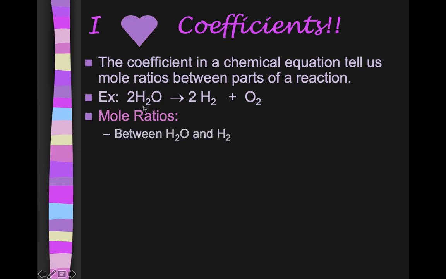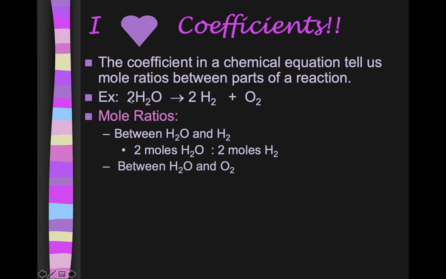So if I wanted to compare water and hydrogen, the mole ratio would be 2 moles of water for every 2 moles of hydrogen. And I realize you could simplify that to 1 and 1, but I recommend keeping mole ratios, the numbers that match the balanced equation, to remind you where they came from. Mathematically, yeah, it is a 1-to-1 ratio, but 2 to 2 reminds you that that came from the balanced equation.